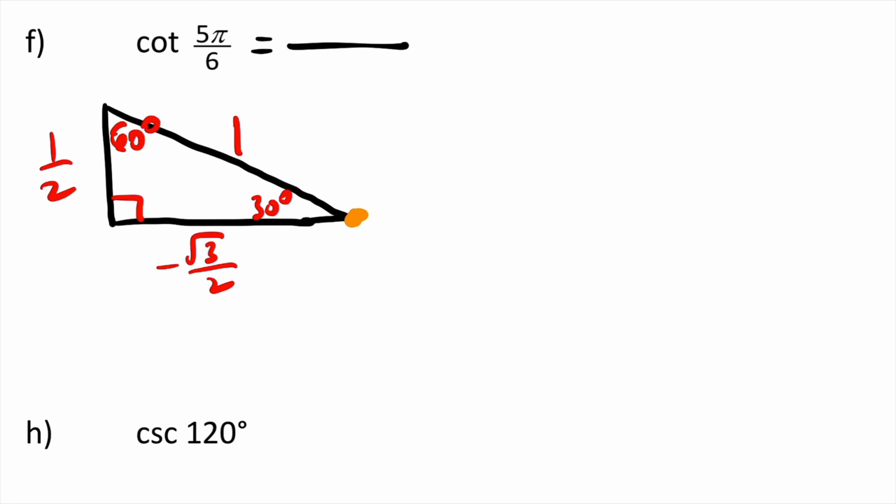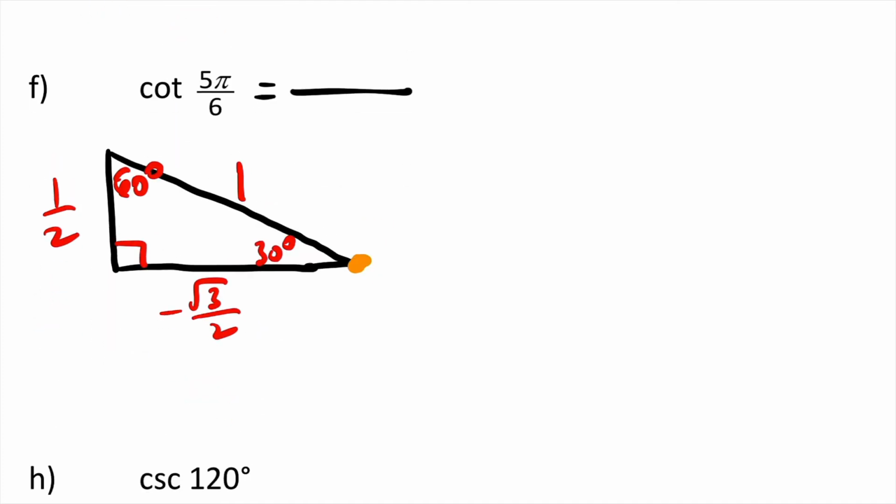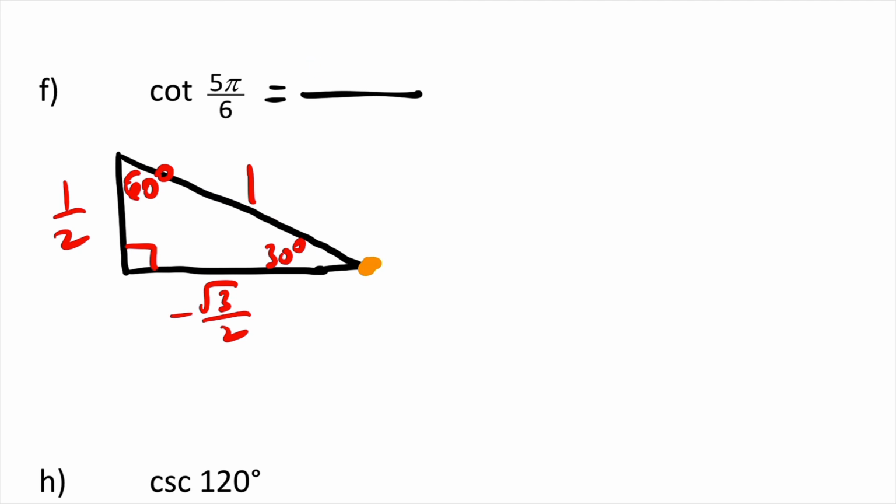Adjacent to the dot, to the orange dot, is going to be this negative root 3 over 2. Over opposite. Opposite is going to be over here, 1/2.